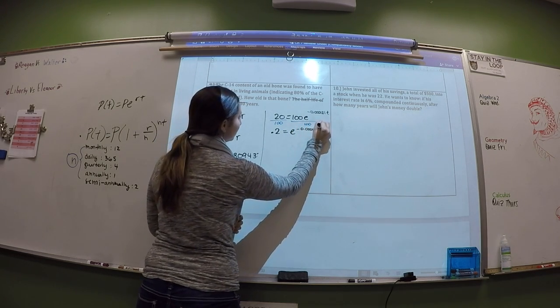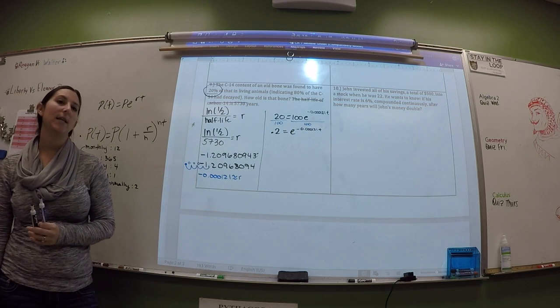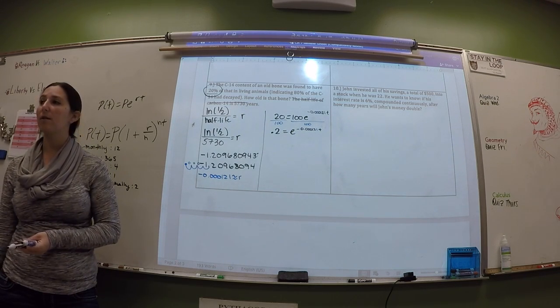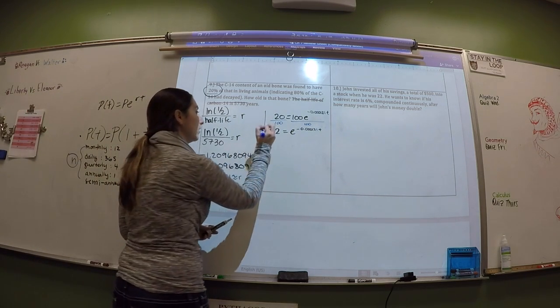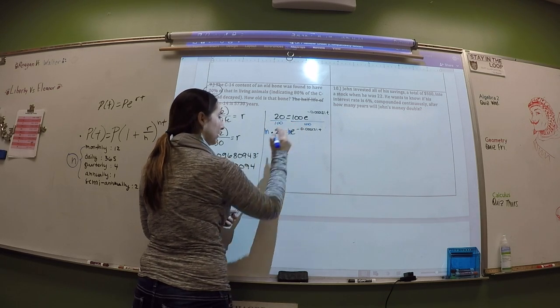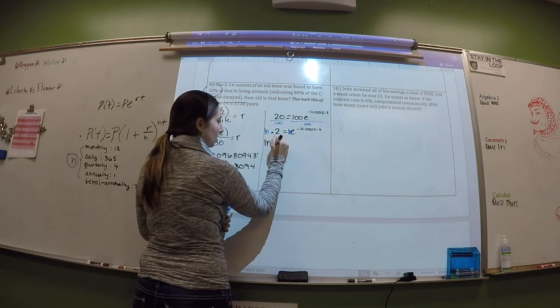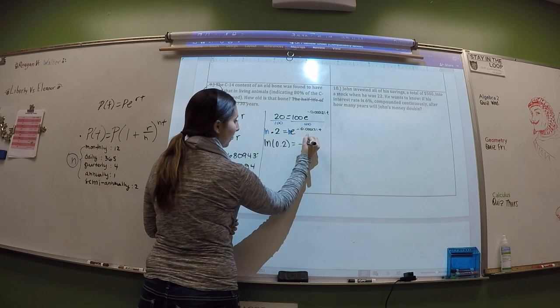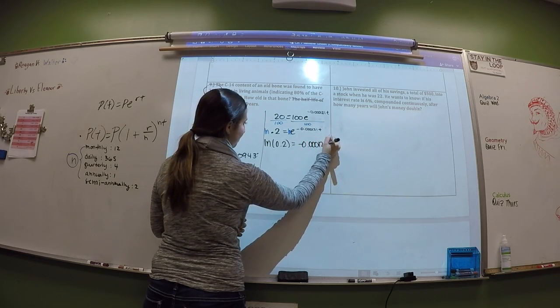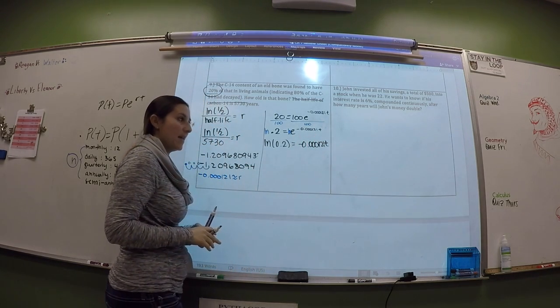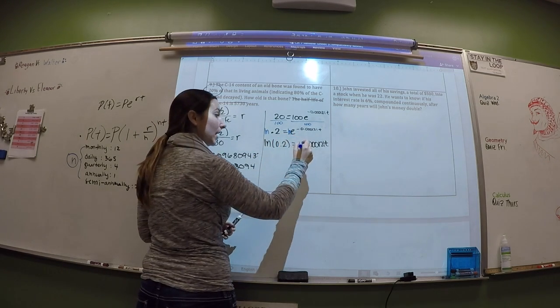And then you have to use a logarithm to get rid of e. Yes, you'll have to use your natural logarithm to get rid of e. So ln 0.2 equals -0.000121t. Then you'll divide by that big K, this guy.